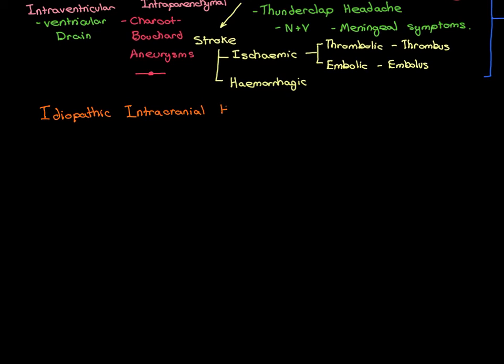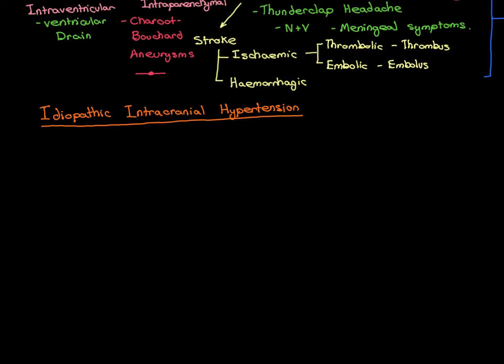So idiopathic intracranial hypertension is where intracranial pressure is far too high. So you do have intracranial hypertension, however, we cannot find a cause for it. It does not seem to be that you have too much CSF, it does not seem to be that you have too much brain tissue, and it does not seem to be that you have too much blood inside the skull.